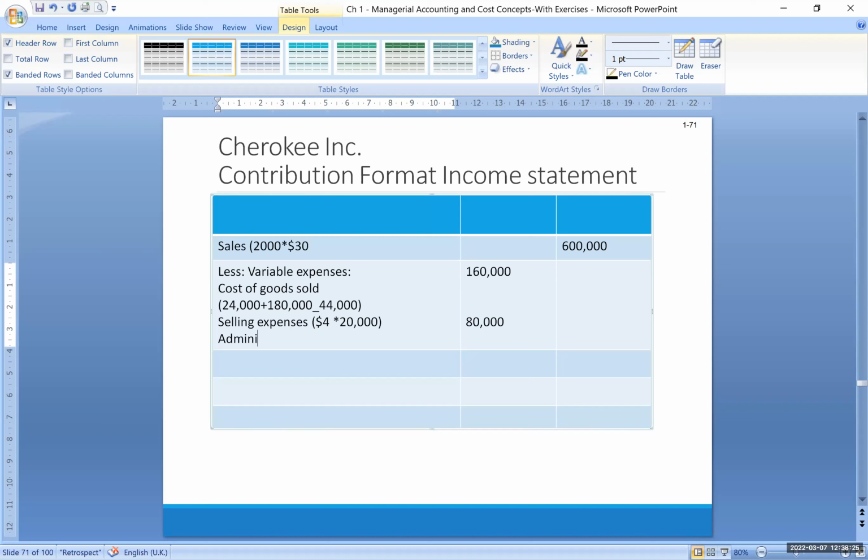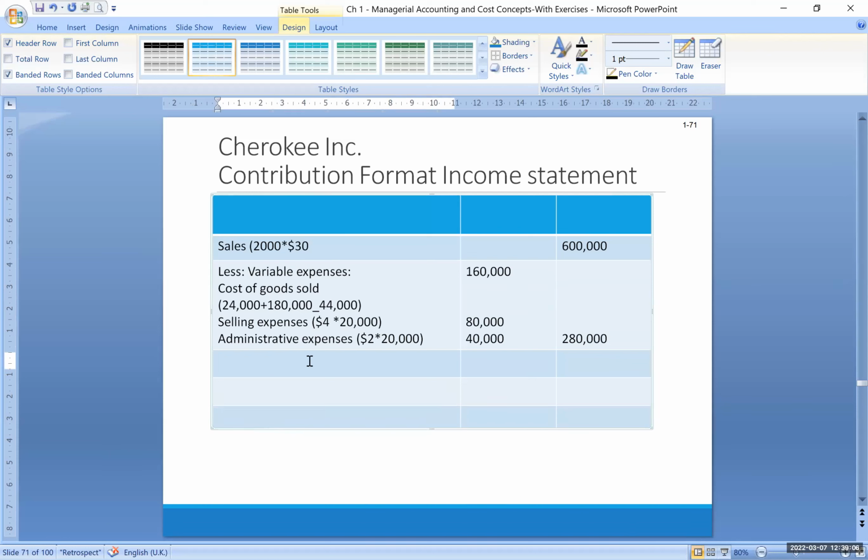Similarly, we need to write down the administrative expenses or costs, and again, we pick only the variable part for the administrative: $2 multiplied by 20,000 units, which equals $40,000. Now, the total for the variable expenses is 160,000 plus 80,000 plus 40,000, which equals $280,000.